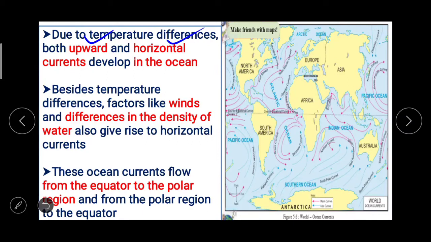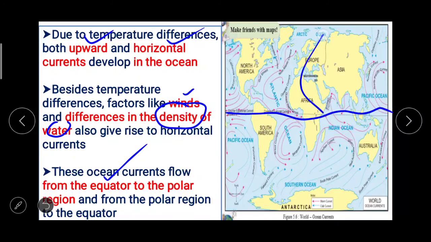Besides temperature differences, factors like winds and differences in the density of water also give rise to the horizontal currents, and these ocean currents flow from the equator to the polar region, and from the polar region to the equator. And here also things go on repeatedly.